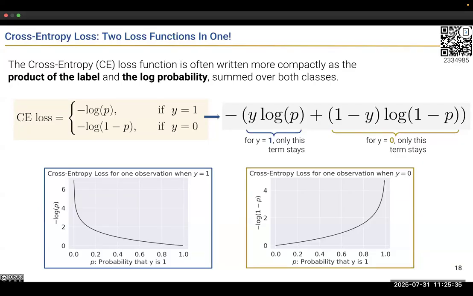So this is just an easier or a more compact form of the cross entropy loss. You don't have to write a piecewise function all the time. Whenever you have something as 1 and 0, you're always going to see something that looks like this written out, because 1s and 0s can easily go back and forth by using that 1 minus.